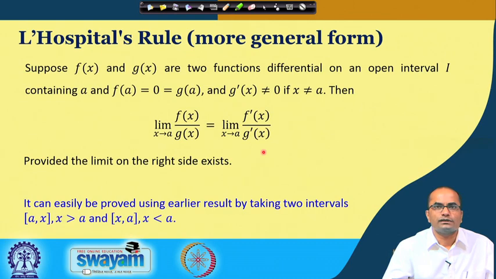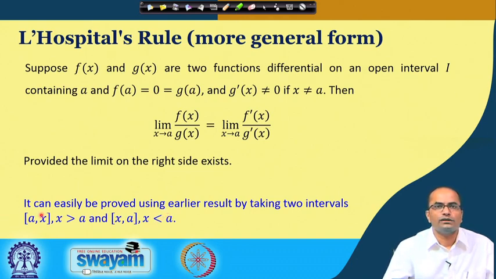And the proof is similar to what we have already done before, because now we can consider two intervals here in this I. So, a to x, taking x greater than a, and we can also consider another interval, x to a, when x is smaller than a.